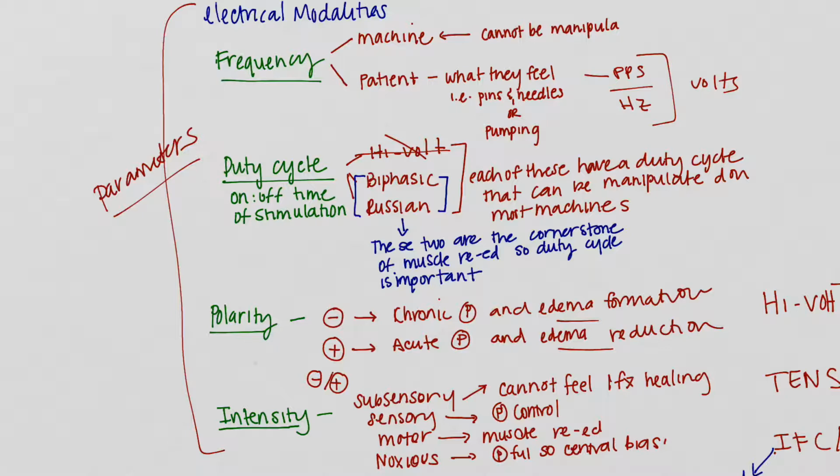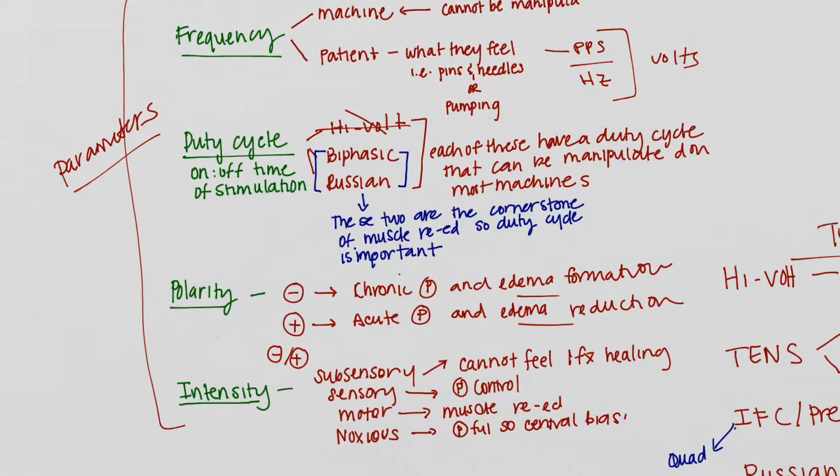We want to see a visible motor or muscle contraction. The last form of intensity is noxious, and so this is going to be that painful stim, most often associated with trying to attack the central biasing theory. But again, we don't typically use that very often in the clinical setting.